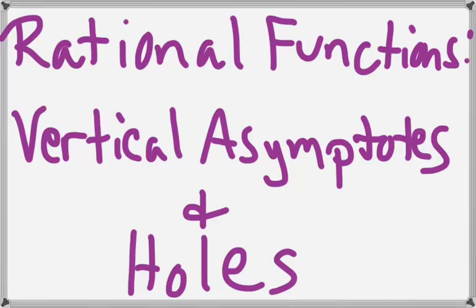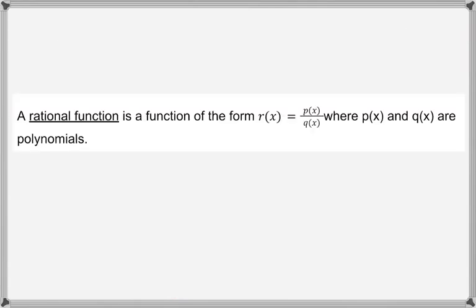In this video, we're going to discuss how to determine where the graph of a rational function will have a vertical asymptote or a hole. So when we're talking about a rational function, rational has that word ratio in it, so it looks like a fraction.